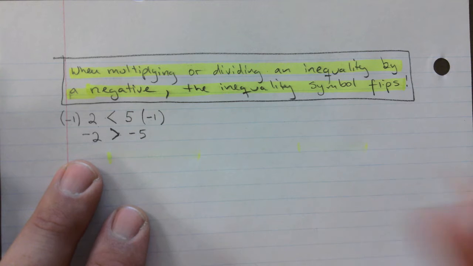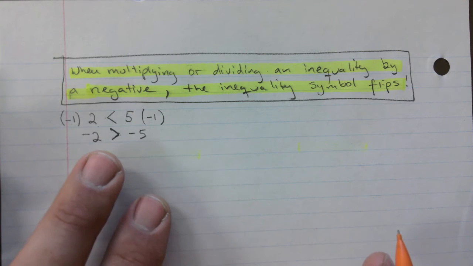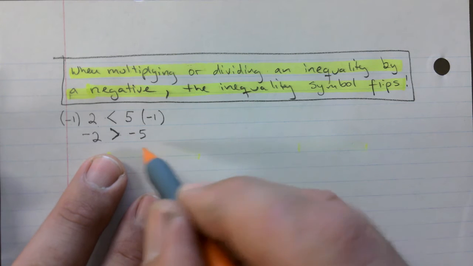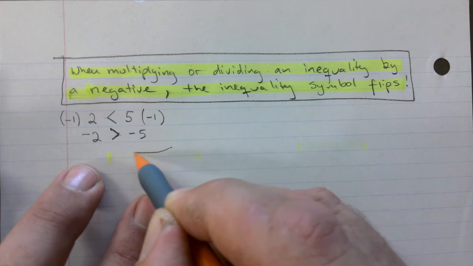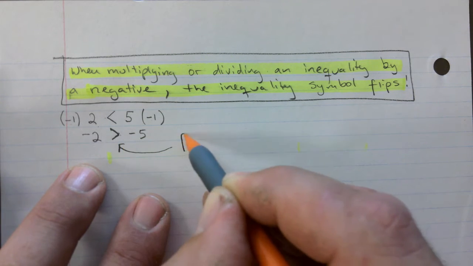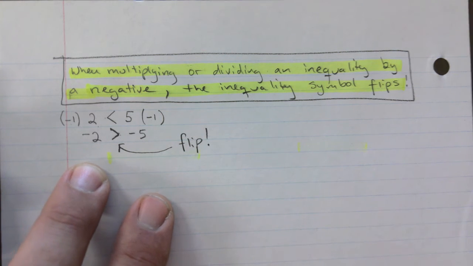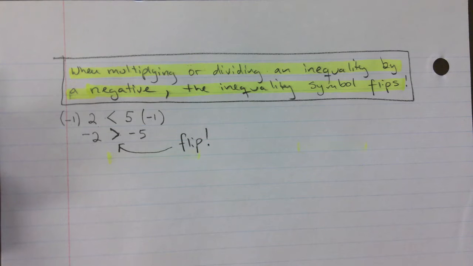So this is just an example to illustrate, right? What should I do here? Flip, right? So we flipped it the other way. All right, and so that's just a disclaimer.